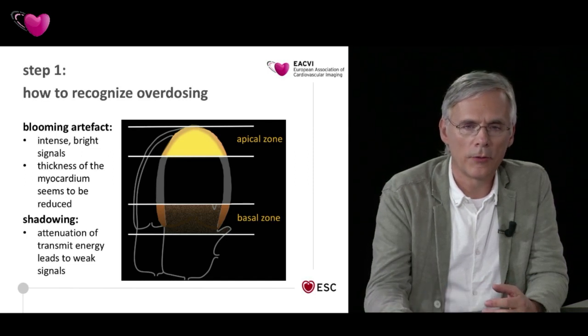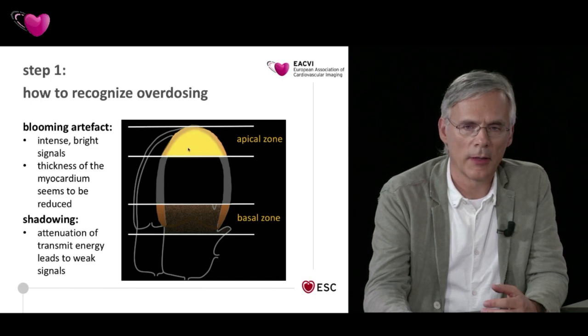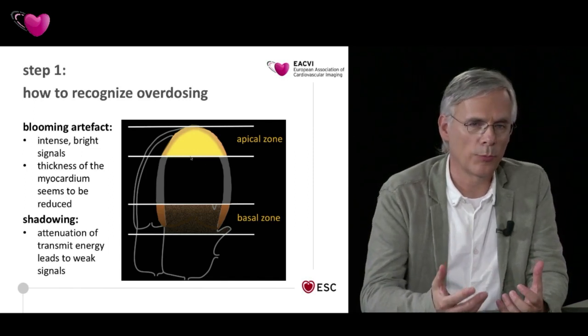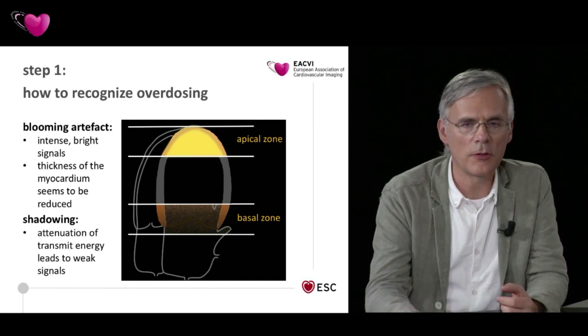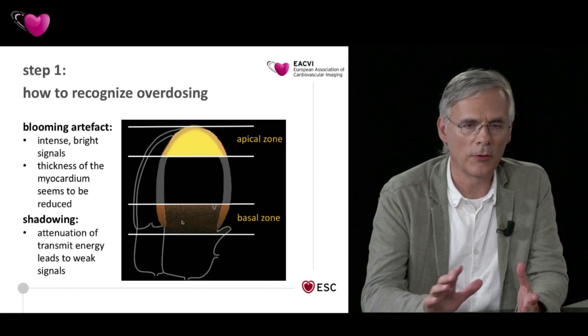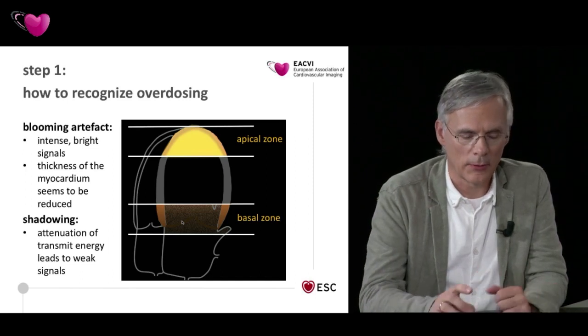I recommend looking first at only 2 points in the left ventricle, the apical zone and the basal zone. Overdosing means that in the apical zone there is an intense bright signal of the contrast agent, and due to signal attenuation we have weak signals in the basal zone.